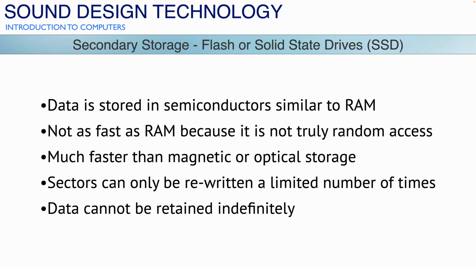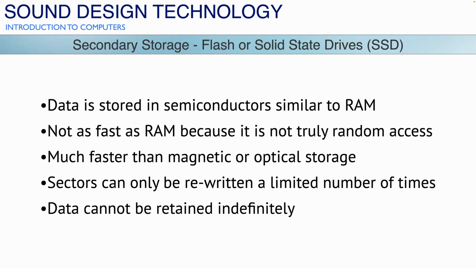These days, we're getting a lot of good results out of solid state drives, or flash drives, as sometimes we call them. The data is stored in semiconductors in a similar way that RAM stores it. It's not as fast as RAM, though, because it's not truly random access the way RAM is. But it's much faster than magnetic or optical storage. The limitation there is that the way the data gets stored involves a process that is limited.